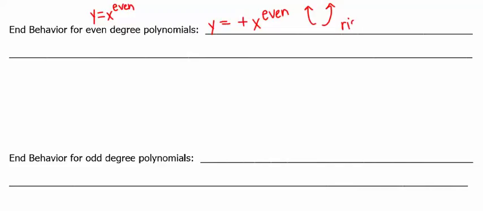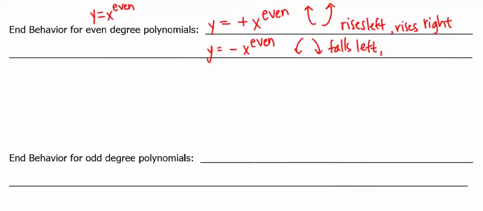So it rises left, rises right. When I have a negative coefficient for an even degree polynomial, the left falls and the right falls. So it falls left, falls right.